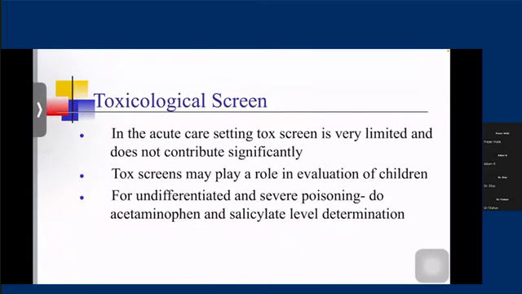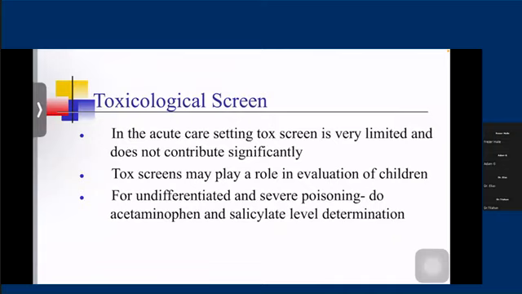And after narrowing our differential diagnosis, in certain conditions we can send for toxicological screening. But unfortunately, only a few poisonous agents have a screening tool.